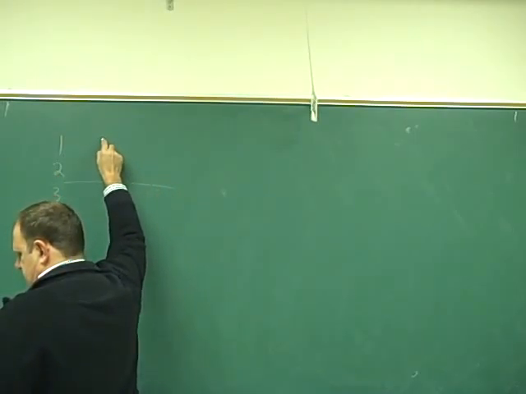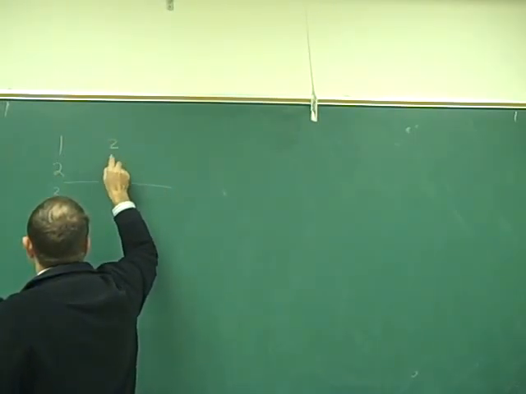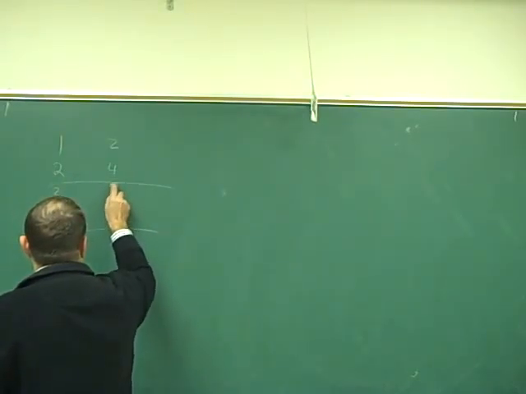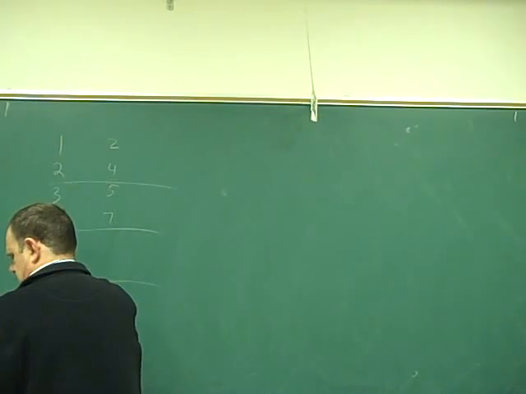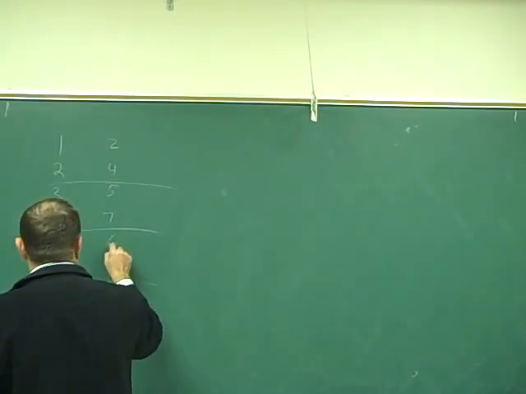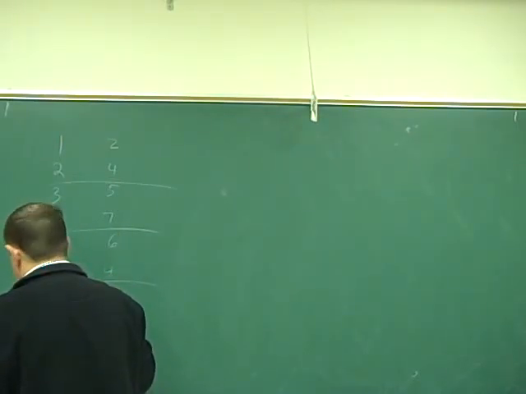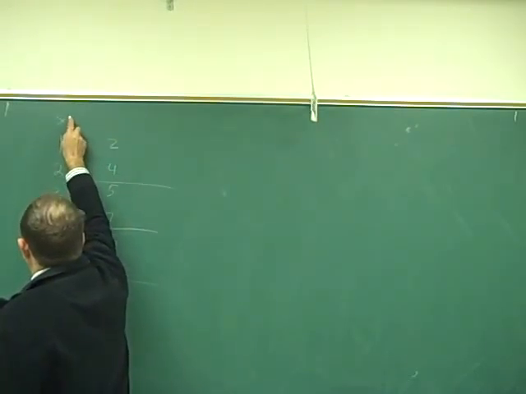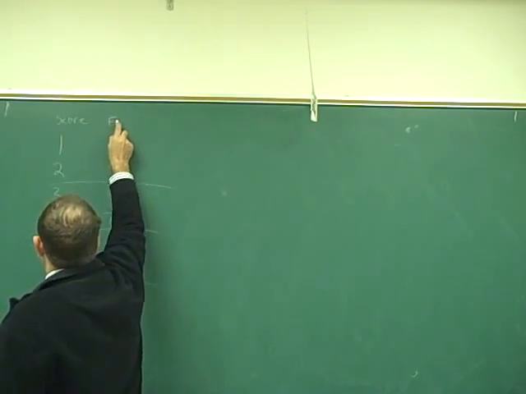And we've got 2, 2 and 4, and 5 and 7, and 6 and 4, and then 3. Okay, for our score and our frequency.